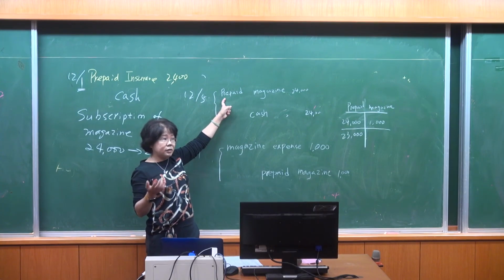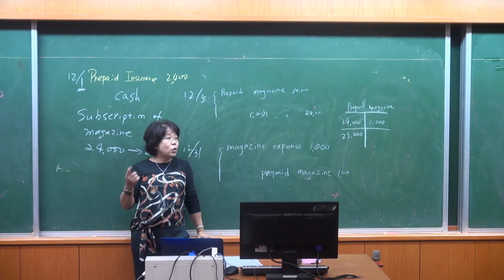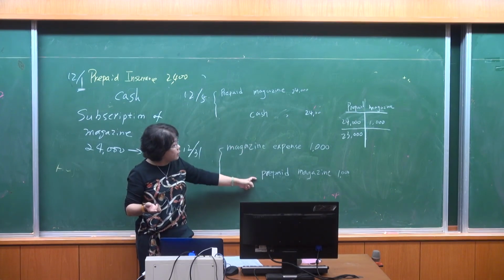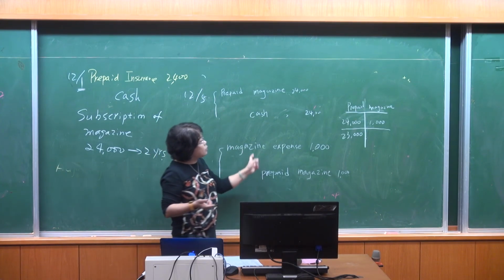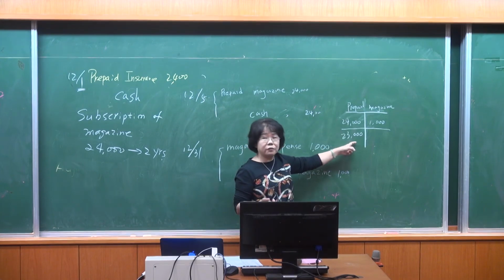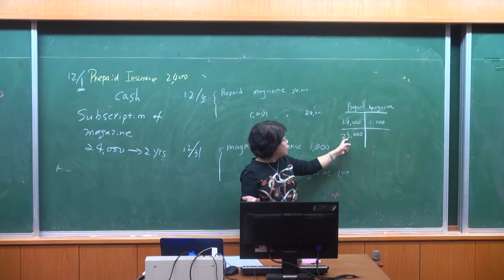You have to reduce the balance from the debit. How do you do that? You make a debit account smaller by moving to credit. We say offset: offset the balance from debit to credit of 1,000. Once you post, you still have 23,000 in value, the rights for the coming magazines.